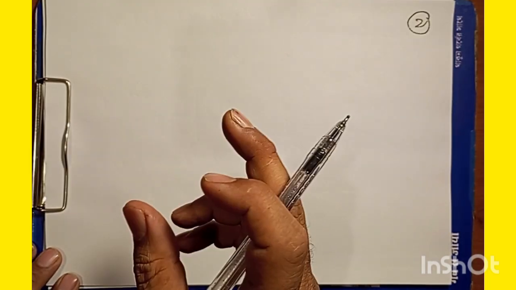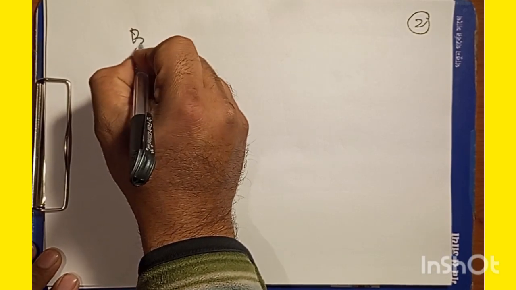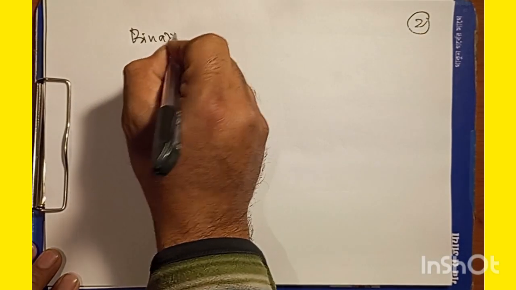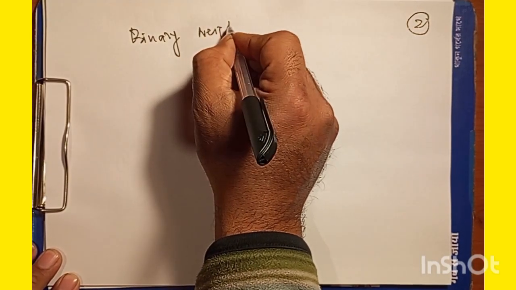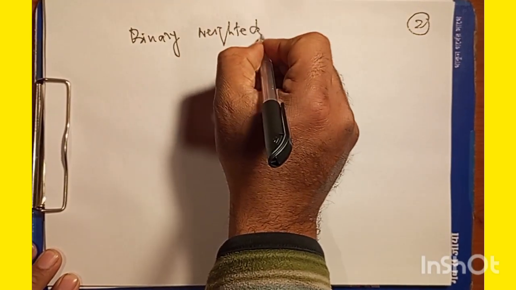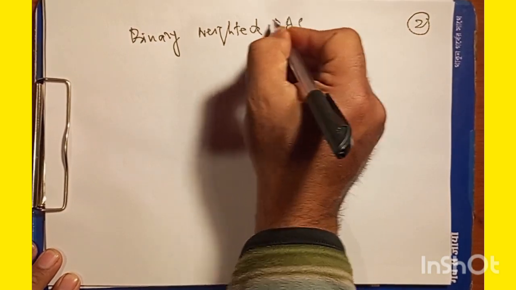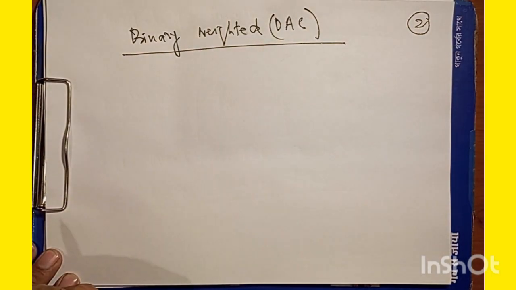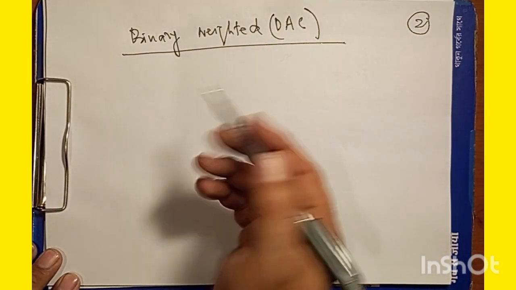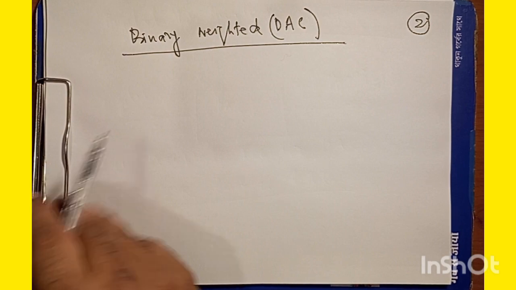So, in short, a binary weighted resistor DAC is called a weighted resistor DAC.